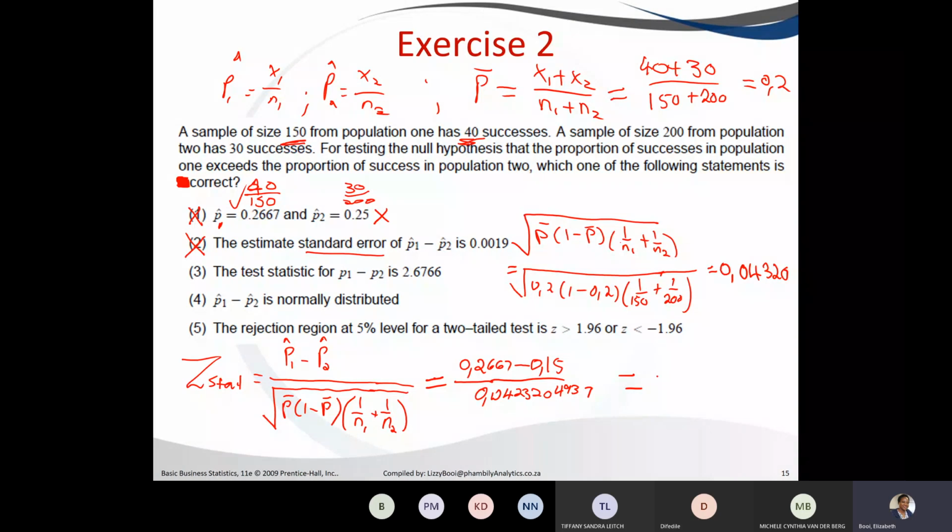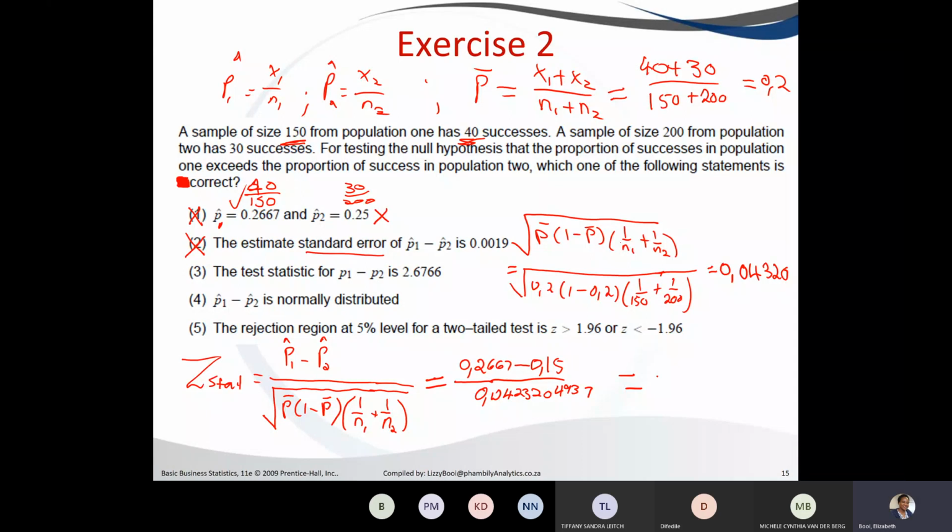The answer I get is 0.2667 minus 0.15 equals 0.117, divided by 0.0423, wait, 0.0432.